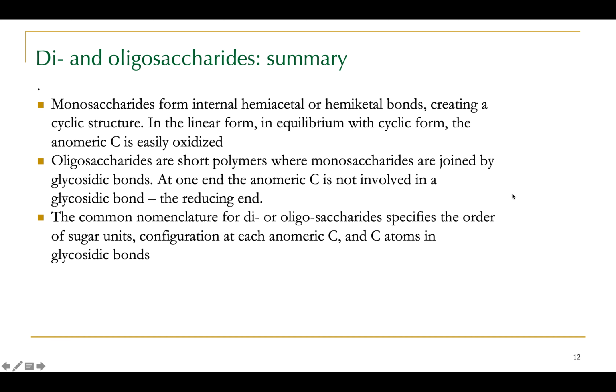Because of that, some of the residues in this condensate would have reducing property, and some of them won't have reducing property, and this is used to name the monosaccharide condensate starting from non-reducing to reducing end.